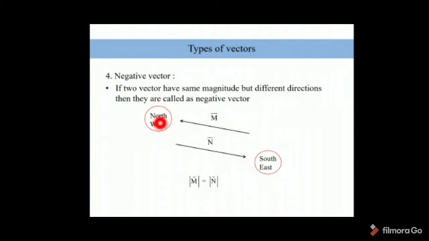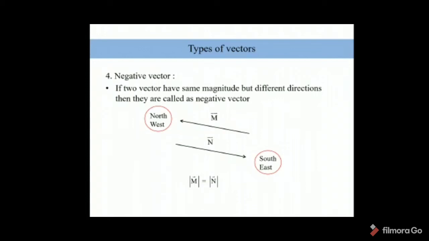Any direction which is pointing between north and west. See, north is in the upward direction and west is in the left-hand direction. So something which is pointing between them, between north and west, is known as northwest. Similarly, we have southeast, something which is pointing between south and east is known as southeast.